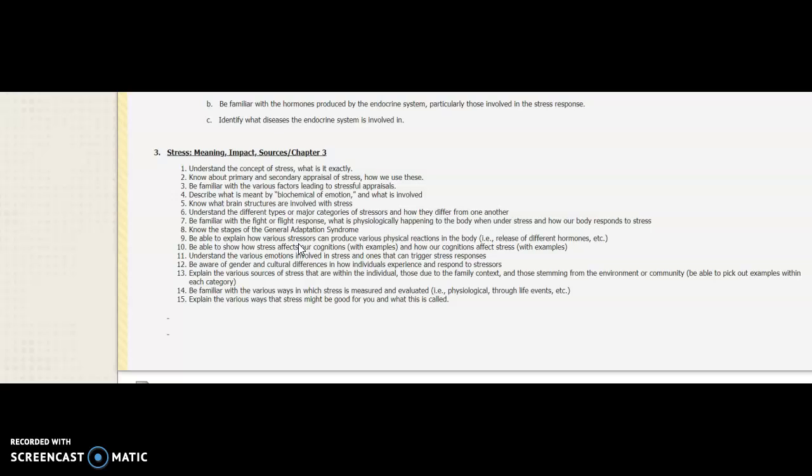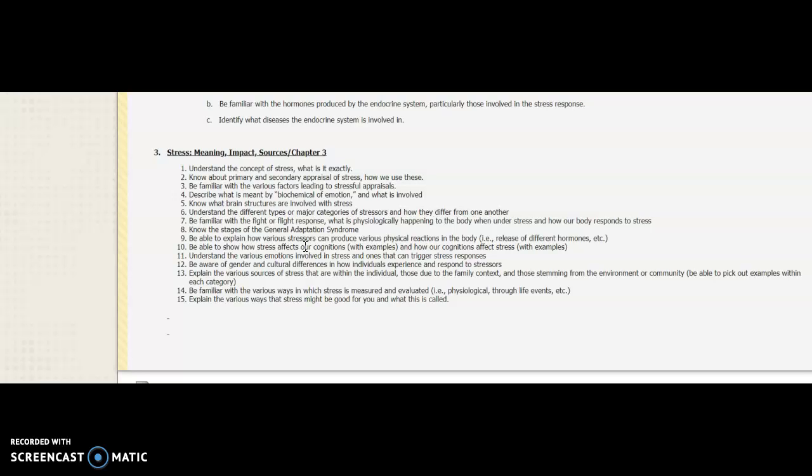What about the body is different at the beginning stages of stress versus when stress is over. As you all know, you can go through a stressful period, and it's actually when that stress is done and over that you start getting sick or start getting ill.